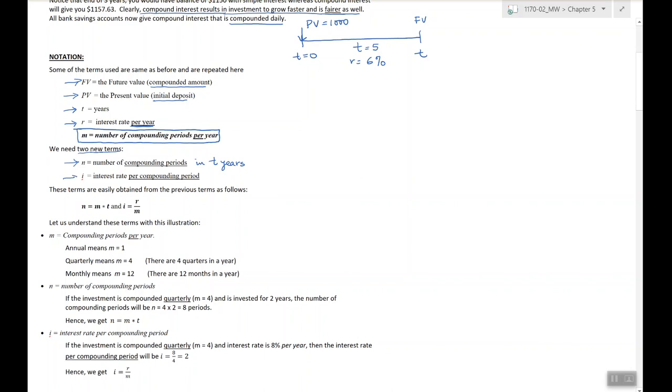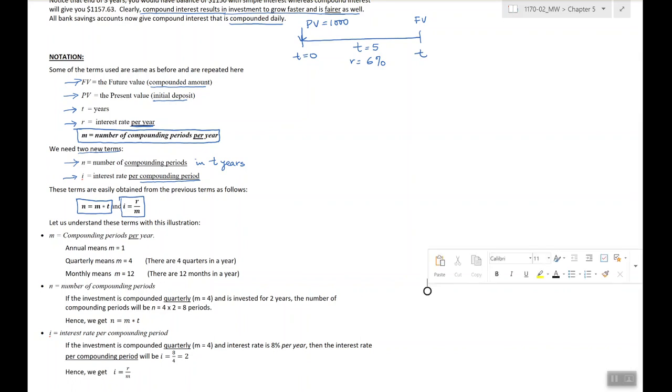And I will be the interest rate per compounding period. Now the formulas for finding this are as follows. N is M multiplied by T and I is R divided by M. So let's look at an illustration, an example, and get comfortable with this idea.